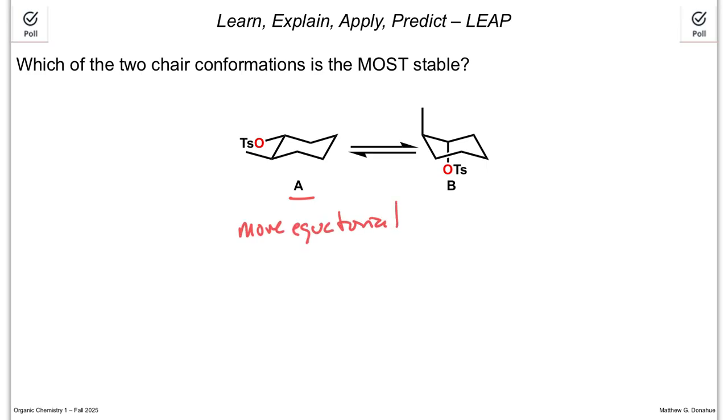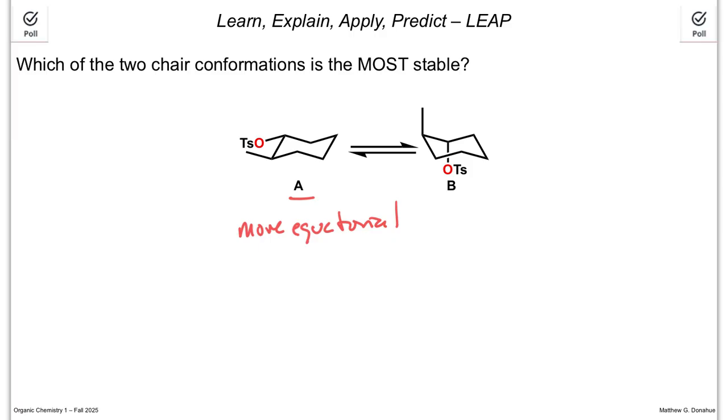So we have more equatorial substituents. So conformer B has these axial ones, and the axial substituents are what leads to these interactions with the hydrogens that are 3 atoms away.